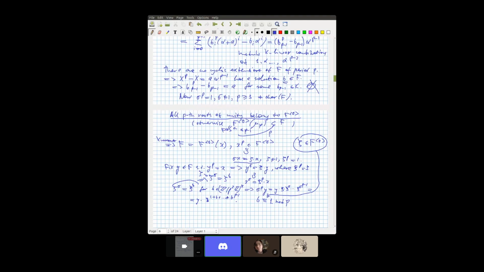You see that this means that b is 1 modulo p. And therefore this geometric series is congruent to p modulo p square.